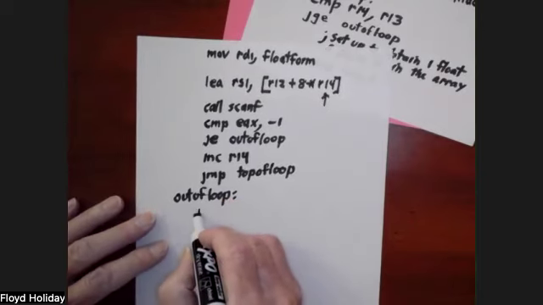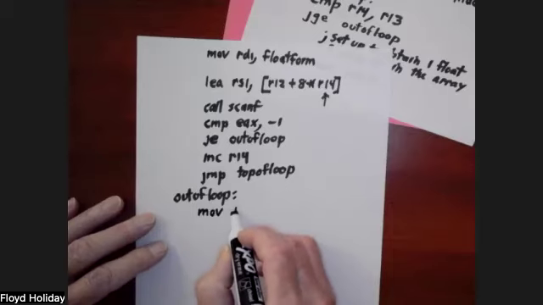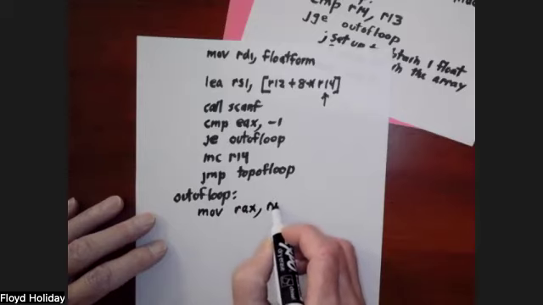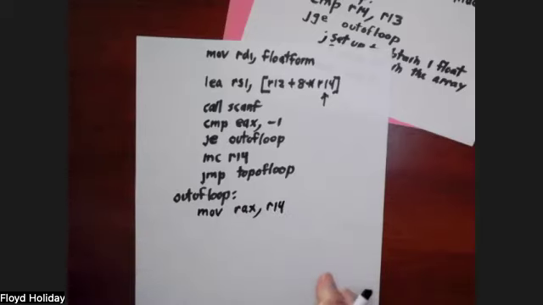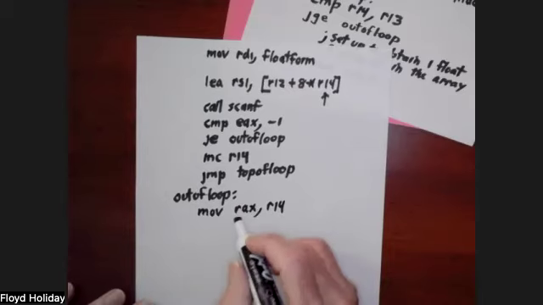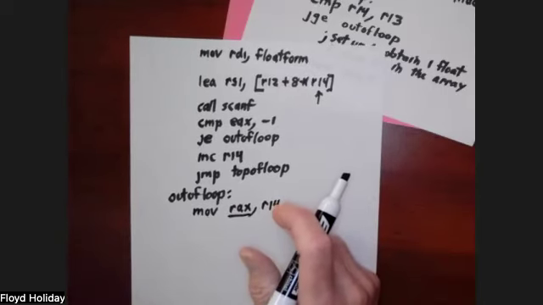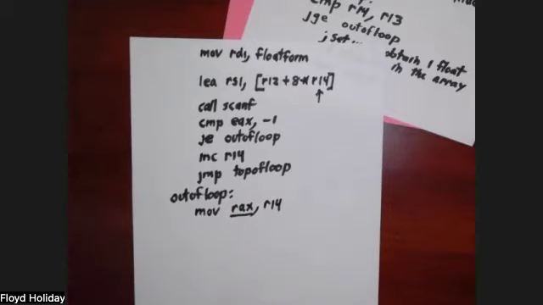So move RAX, R14. It's a fact of function calling. If it's returning an integer type variable, it has to go through RAX to get back to the caller. But our count number is in R14, so R14 gets placed over there.